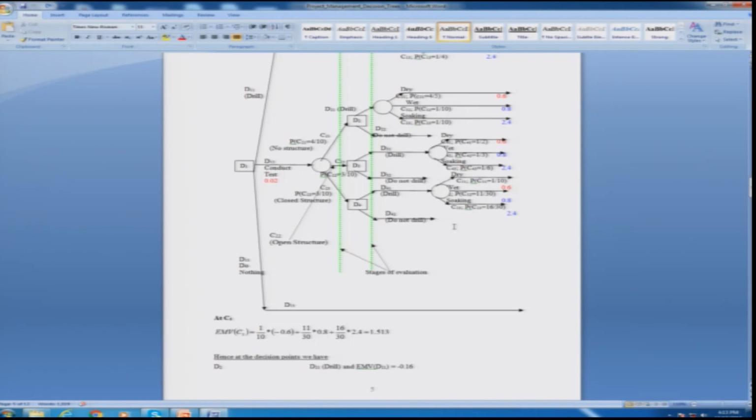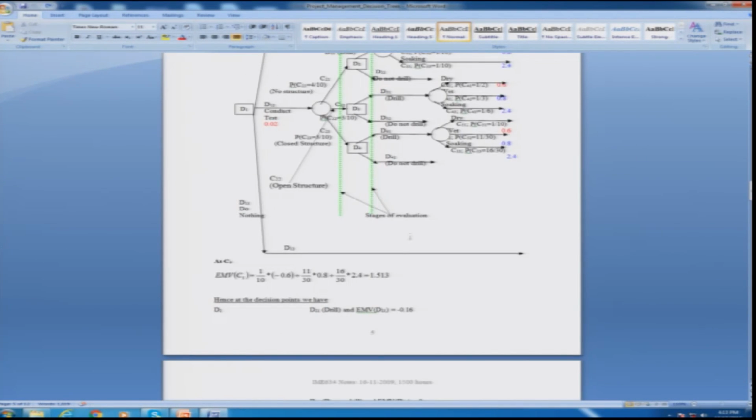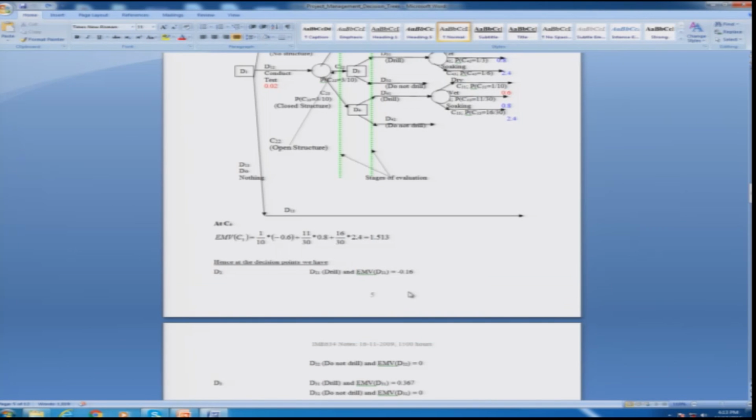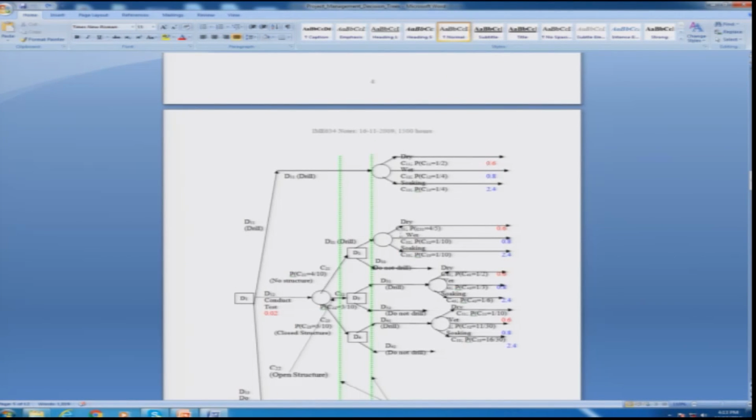Now, 16 by 30 means you have conducted the test, found that there was a closed structure, and based on that, when you drilled there was a soaking basin, based on which you find the maximum probability of getting the oil. So, this is 1.5313. Hence the decision you have to make is that at this point, this was negative, so obviously you will not do anything.